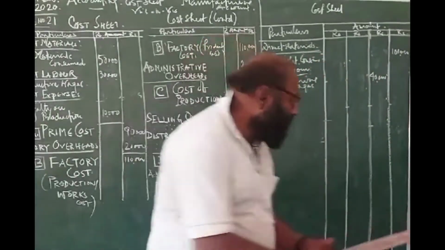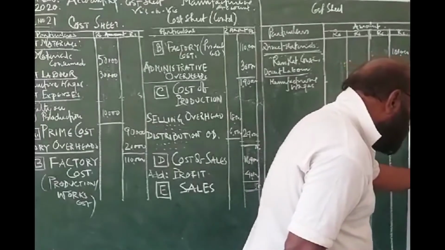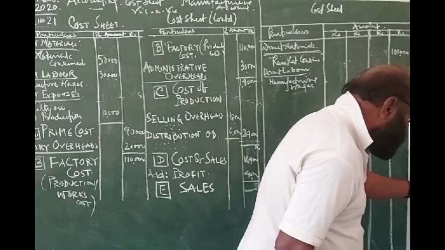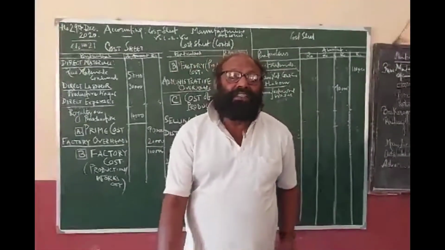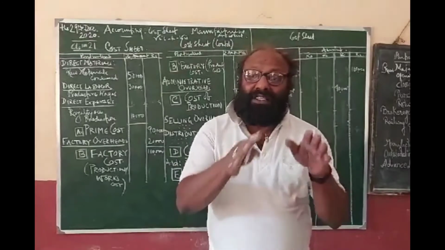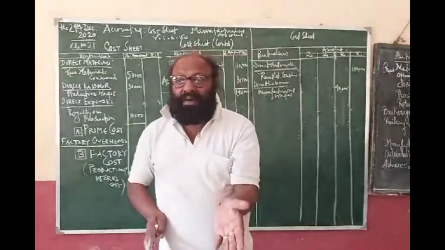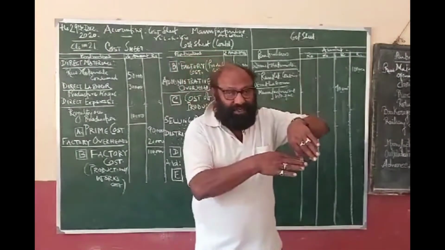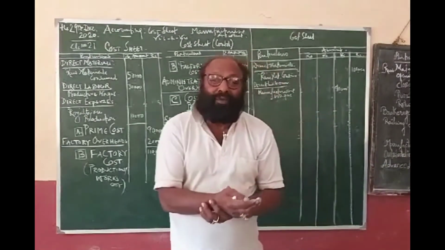Now you see that outstanding wages. Outstanding wages is how much? Outstanding wages is 12,000 and advance wages is 8,000. Outstanding wages, I have already told you on previous occasions, is the amount which is due to be paid during the year but has not been paid off. You have got the service, but you have not paid.